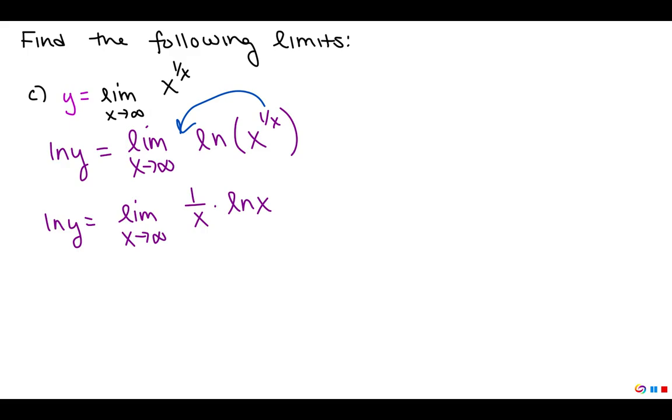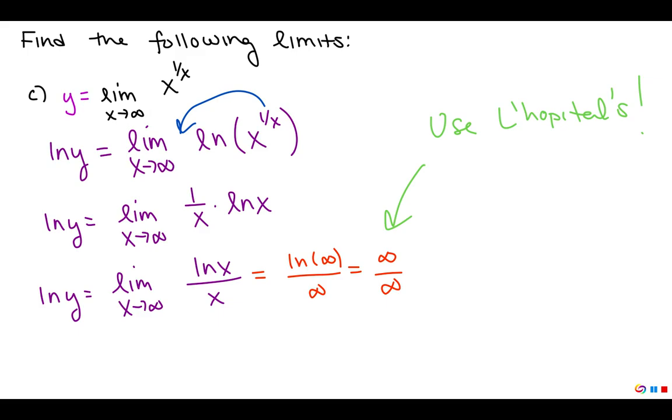So now we're left with natural log of y equals limit x goes to infinity, 1 over x times ln x. Or if we multiply straight across, that 1 over x ln x turns into ln x over x.